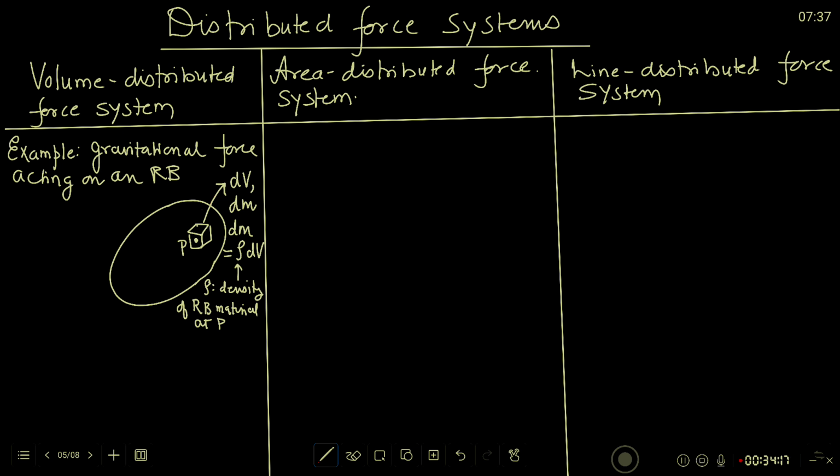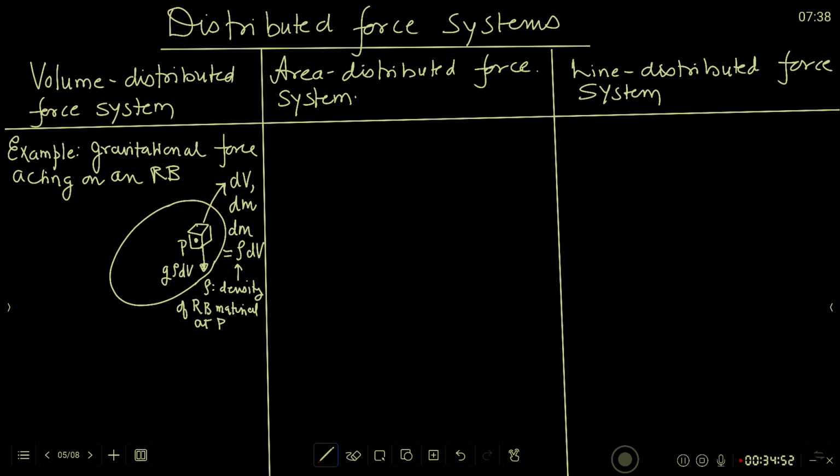Now how does gravitational force act on this RB? So if we focus on this particular chunk of mass, indeed we have a force acting on this small chunk of mass, and that force will be rho times dV, which is mass multiplied by g, right?